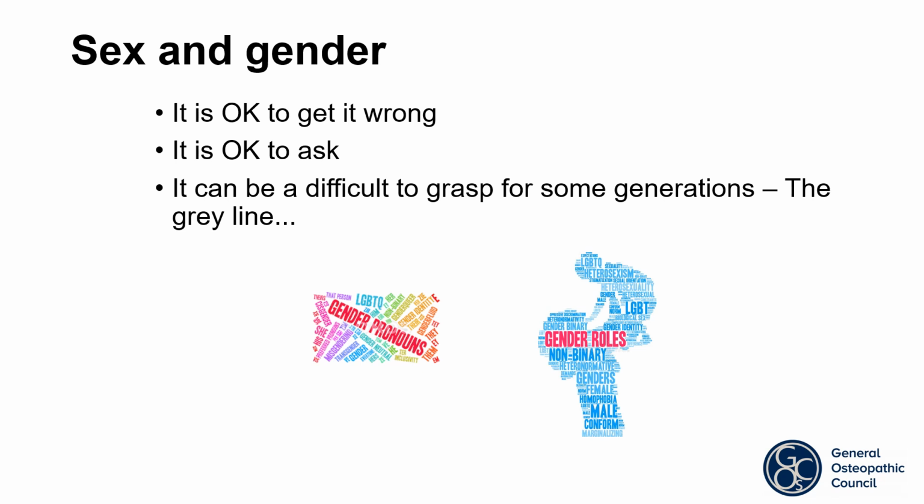And it can be difficult for some generations to grasp these concepts when we're working with trans or non-binary people, and that has sometimes been called the grey line, and that we do need to be kind, but we also need to be supportive and educational in our approach, open and educational in our approach. But I don't think we can move forward unless we have this understanding that sometimes we get it wrong, that that's okay, and that it is all right to ask.